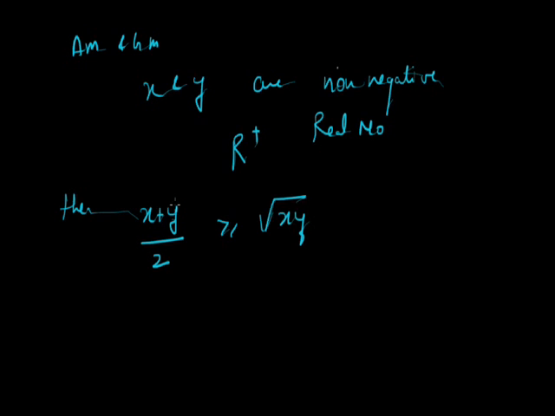Here (x plus y) upon 2 is the arithmetic mean and the square root of xy is the geometric mean. The arithmetic mean is greater than or equal to the geometric mean. The condition is that x and y should be non-negative real numbers, that is, R plus, right?